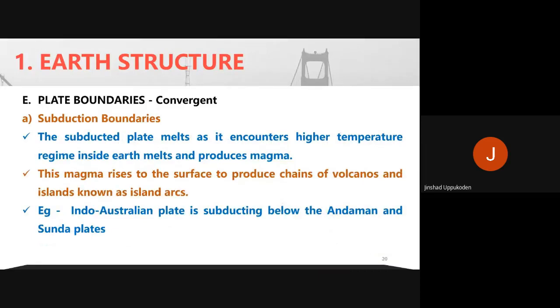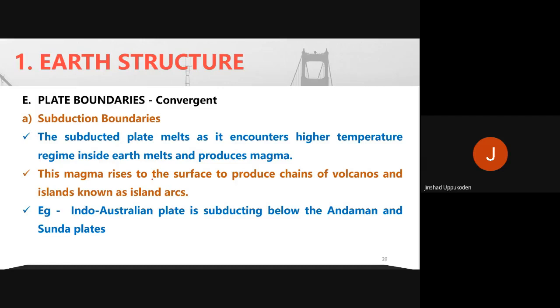Okay, so as the corresponding plate gets subducted into the mantle, what happens is that very high temperatures within the mantle will make the corresponding subducted part of the crust molten, and then it becomes part of the asthenosphere.